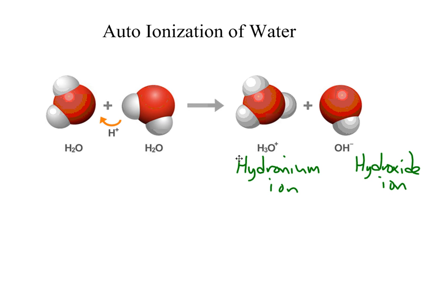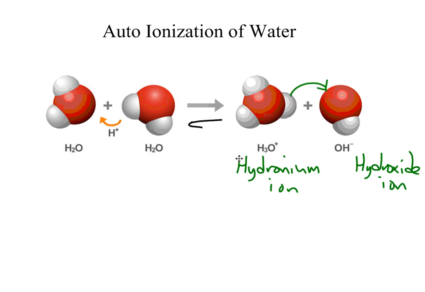Now, what's not really clear in this picture is that these species, the hydronium ion and the hydroxide ion, don't stay that way. If these two ions happen to bump into each other at some point in the solution, there's a good likelihood that they would go back in the other direction. The proton would get donated back to the hydroxide from the hydronium, and you would end up with two water molecules again.